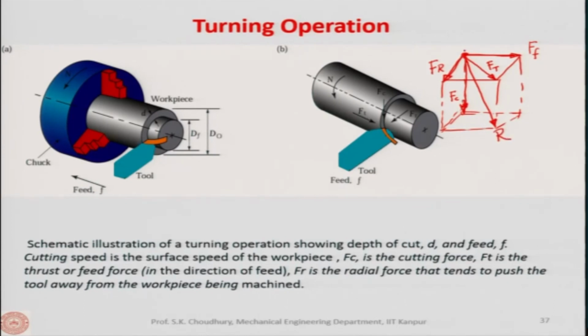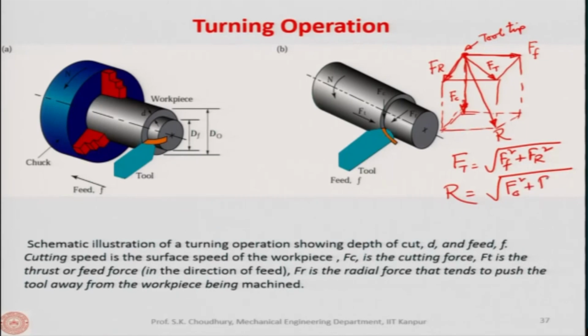So, therefore, this is the tool tip, mind it, all right, and Ft therefore becomes root over Ff square plus Fr square, and this is in the horizontal plane. In the vertical plane we have Fc and the resultant force R, therefore this will become root over Fc square plus Ft square, is it not? This is the thrust force, and this is the resultant force. Okay.